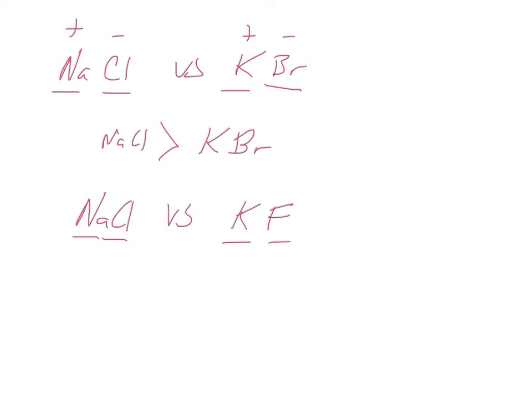No, that's the too-close thing. There's going to be a factor that tells you, hey, this is going to be the thing. So I might do something like sodium chloride versus magnesium fluoride. That we could do.